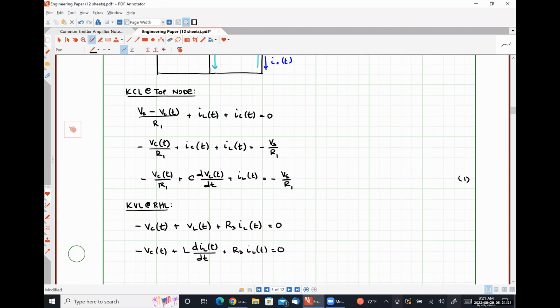And this is another good equation because everything is in terms of the capacitor voltage and the inductor current. So I need to make a choice here as to what I'm going to do next, okay?